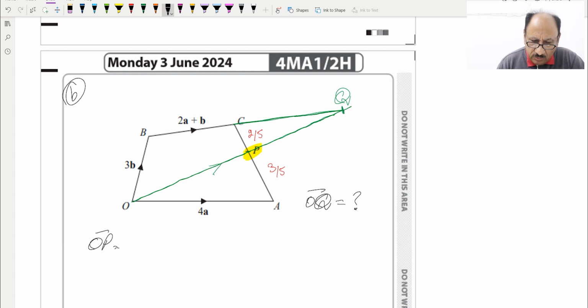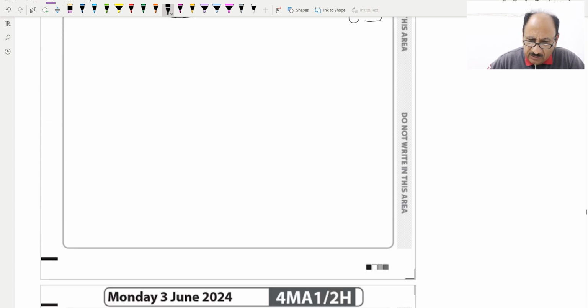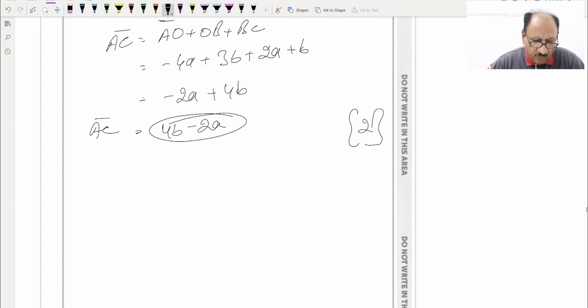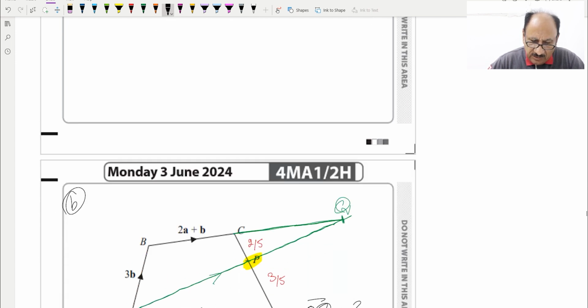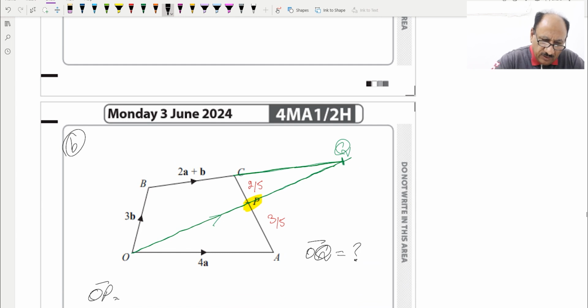Basically we found AC already in the previous part, which is 4B minus 2A, but CA will be the opposite direction, so we can write this as 2 by 5 of 2A minus 4B, and this will be CP direction.